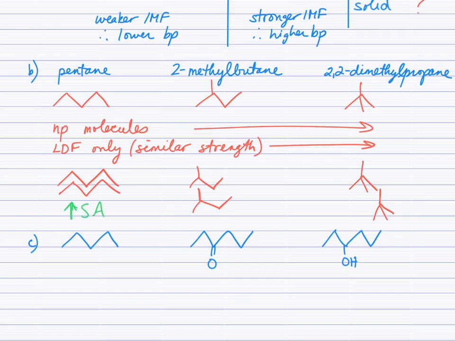Okay, and we have a lower surface area of contact between the 2 molecules at this end, with 2-methylbutane somewhere in the middle. The higher surface area corresponds to stronger London forces, which therefore means a higher boiling point. And so at the right end of this example, we have the lowest surface area, therefore the lowest LDF, therefore the lowest boiling point.